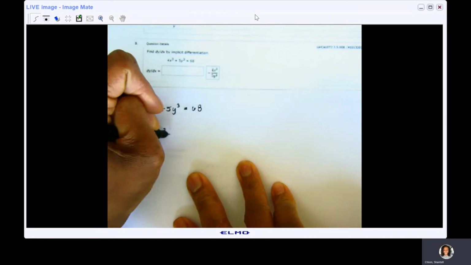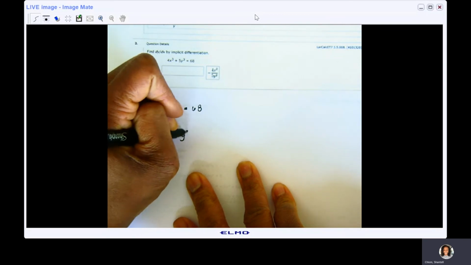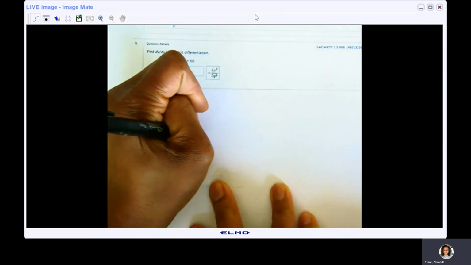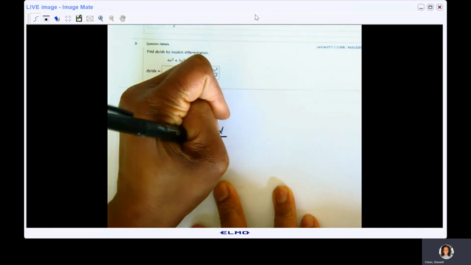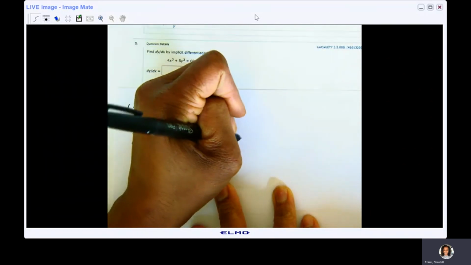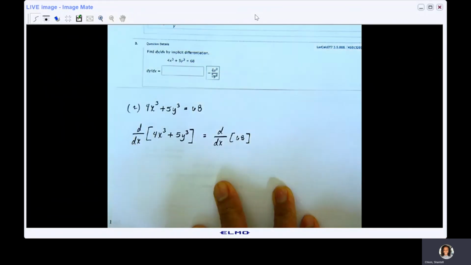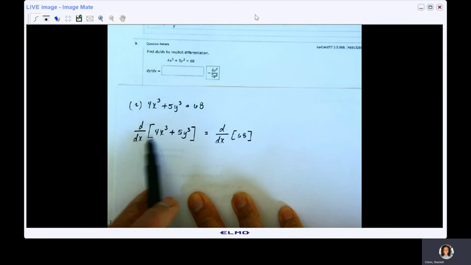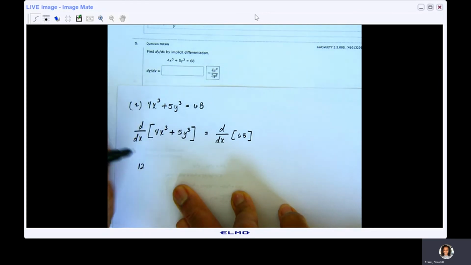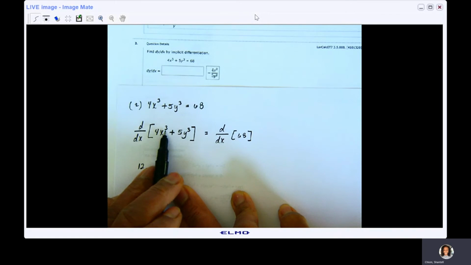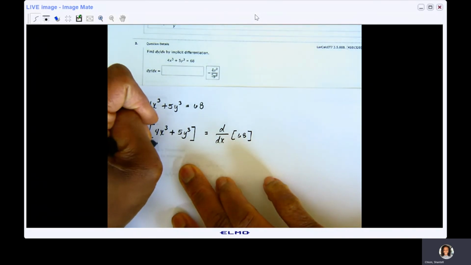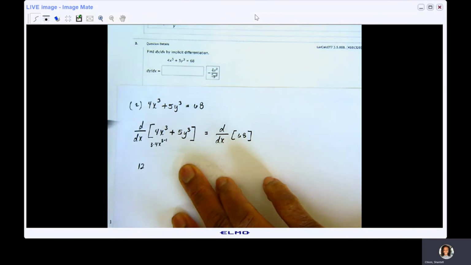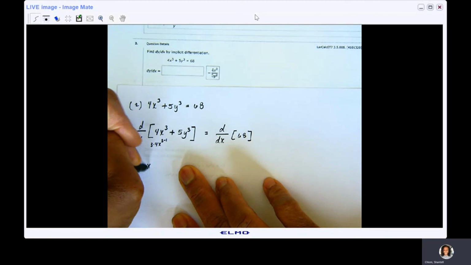So we have to take the derivative of each side. Okay? Alright, so derivative of 4x cubed with respect to x, the variables agree, so you bring down the 3 and then lower it by 1. That's 12x squared.